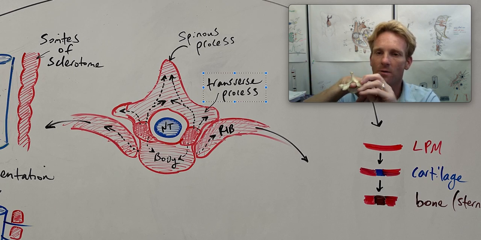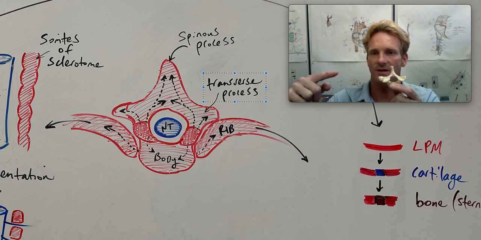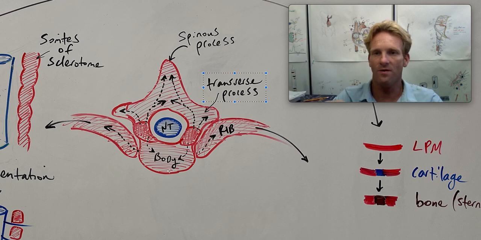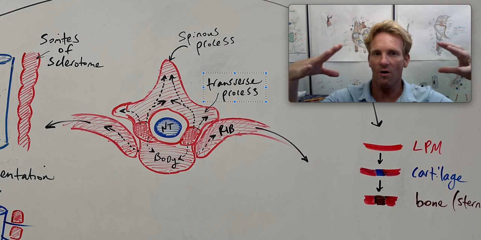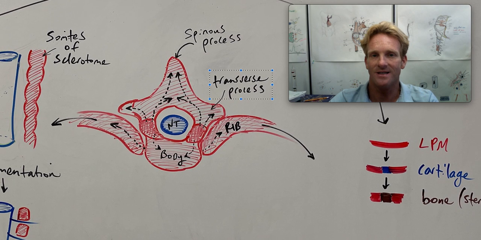This is where the spinal cord sits, so that's where the neural tube is going to be. Then after it finishes developing that, it's going to start developing ribs that start to grow. So really these bones are produced by these spreading and growing somites. Then these somites are going to convert into cartilage, and then that cartilage is slowly going to be converted into bone. So that's endochondral ossification.